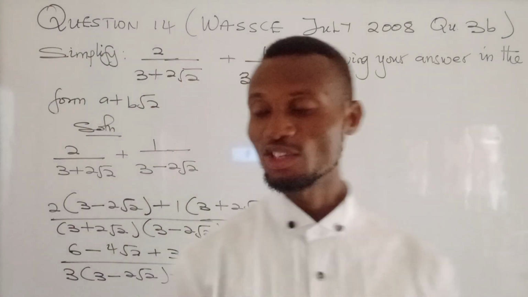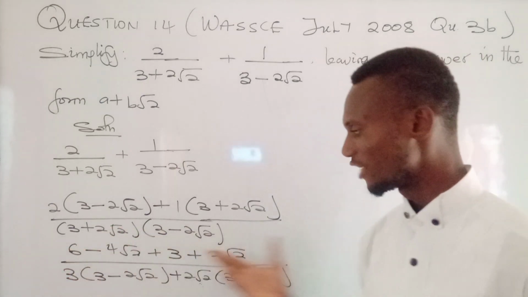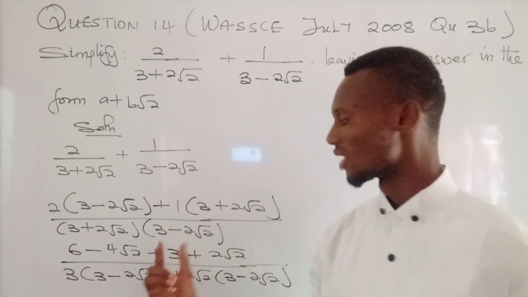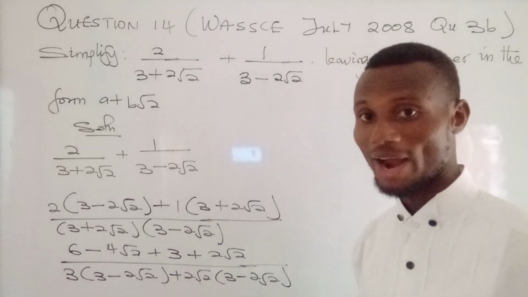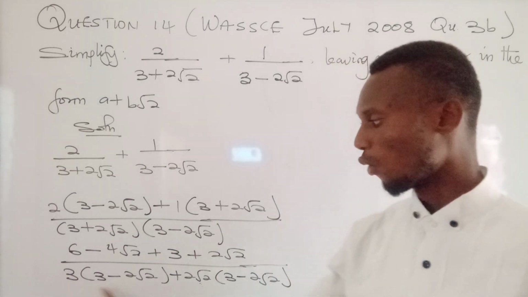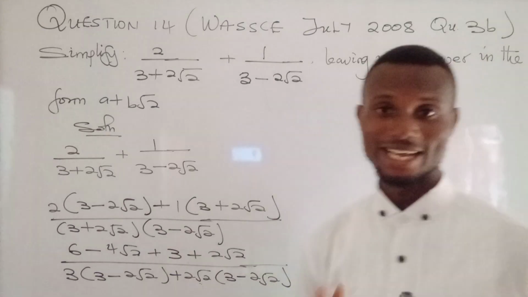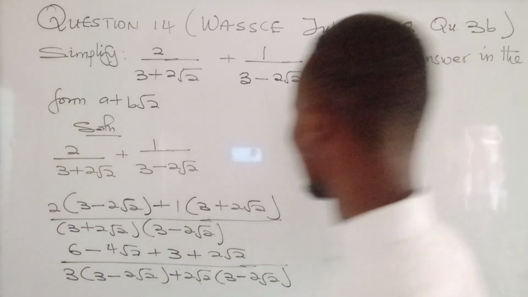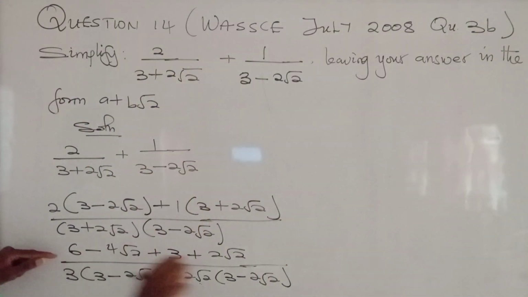From here let's go ahead and simplify further. Whilst we simplify the numerator by grouping like terms, the denominator also we will simplify by opening our bracket. So the 3 here will open its bracket, and the 2 root 2 here will also open its bracket. Let's continue from this side and simplify further. So I'm going to group like terms at the top.